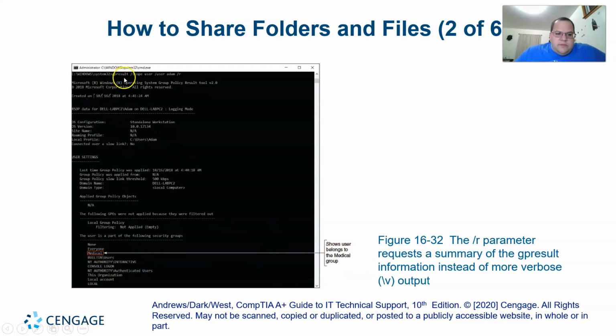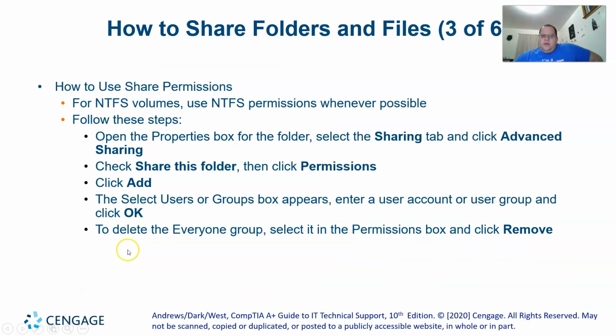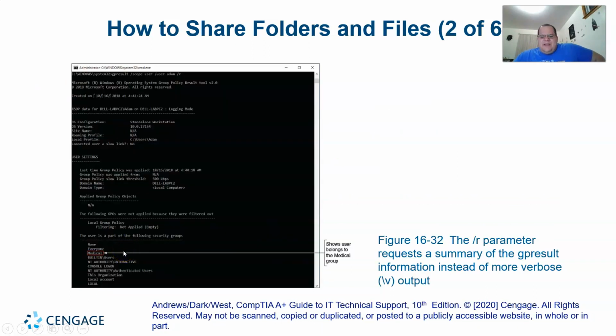I could run gpresult scope user administrator and pull up all the different ones, like your operating system version, your site, your username, local policy, and different information about your domain name. This is a part of the user. When you do gpresult scope user with your name, it tells you what permissions you have for anything. So you could tell, oh, I'm in the medical group. It shows what groups you're in. If you need to find out what group you're in, maybe you're accessing something but it's denied, I could say, oh, it's because I'm not in that group.